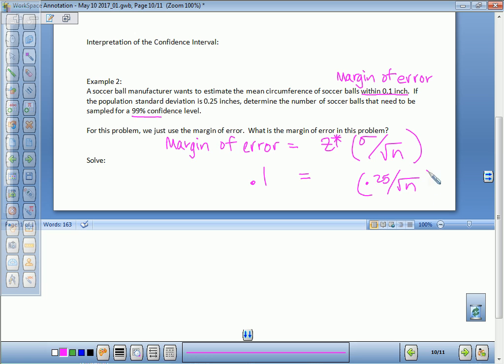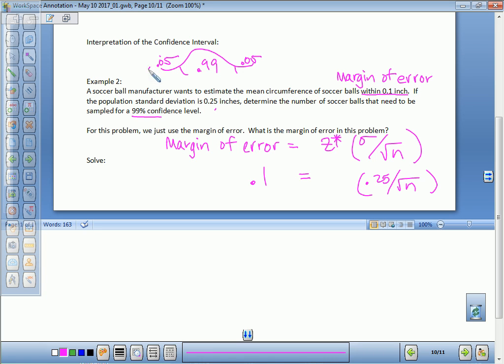I'm solving for n, but what I have to do is figure out the Z star. What is Z star associated with a confidence level of 99%? So, if my confidence level is 99%, 0.99 right here in the middle, this is 0.005, this is 0.005, so what probability am I looking up?